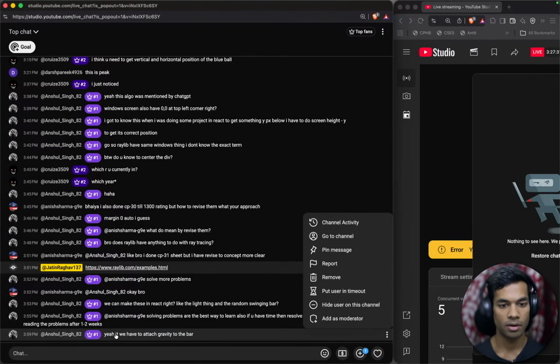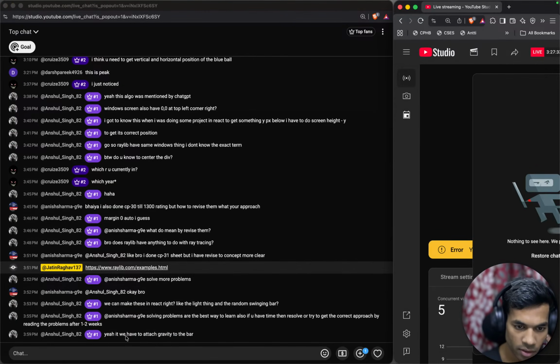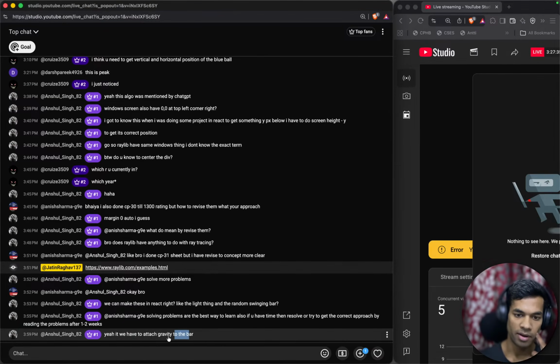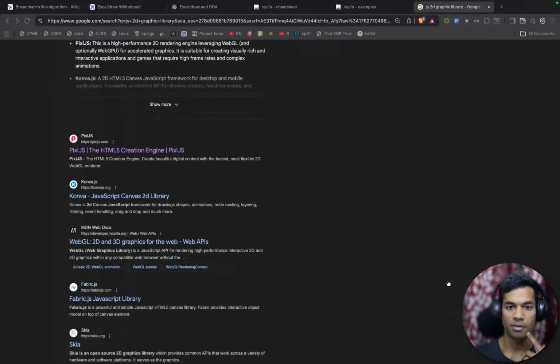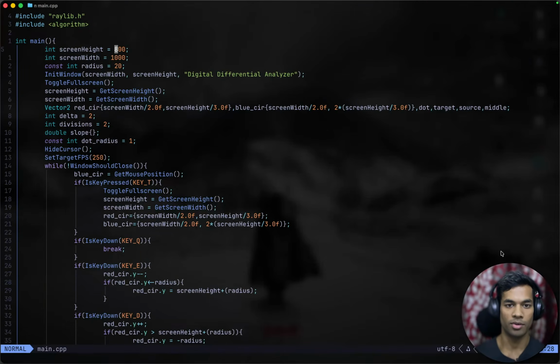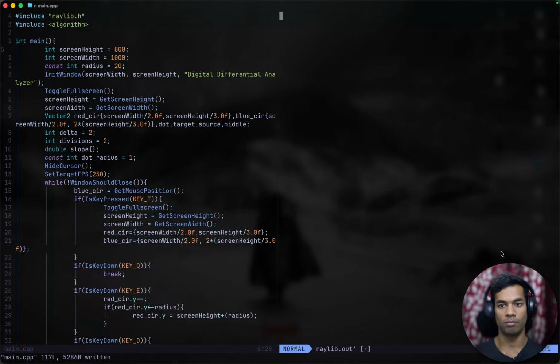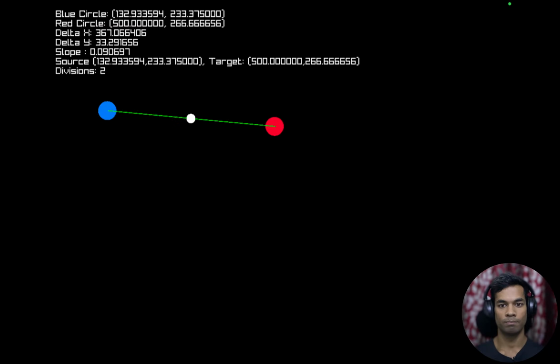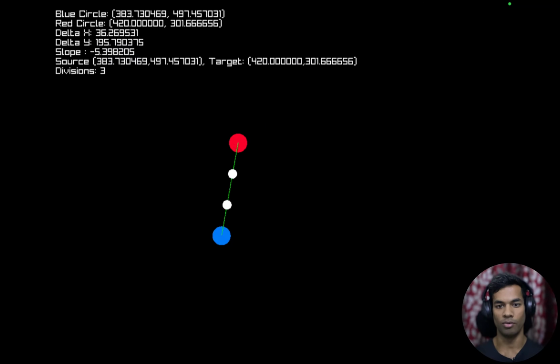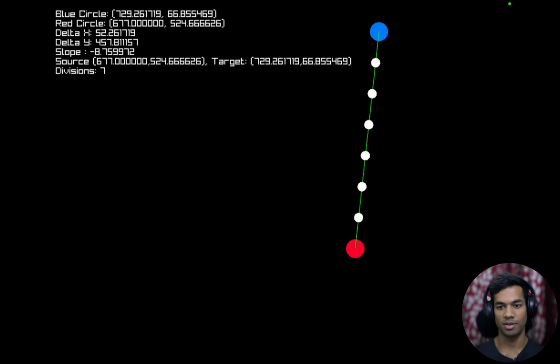Yeah, we have to attach gravity to the bar. I don't get that. But yeah, this is cool. We can increase the number of divisions. This just looks really cool.